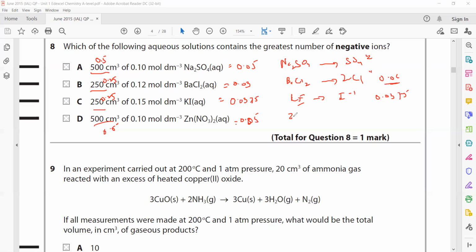And for zinc nitrate, when it dissociates, it will give 2 nitrate ions. So the nitrate is -1, so the number of moles will be twice, 0.1. So which one has the highest value? It's D, zinc nitrate will give the most negative ions in the solution.